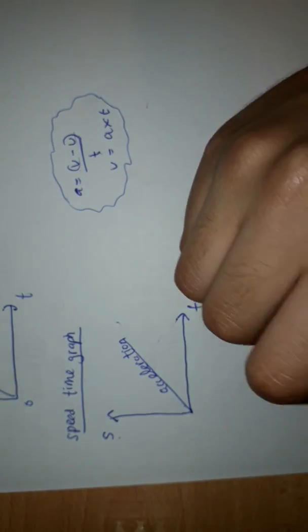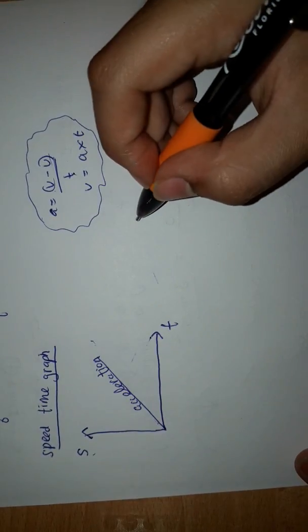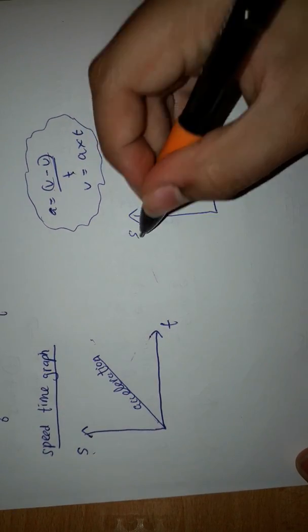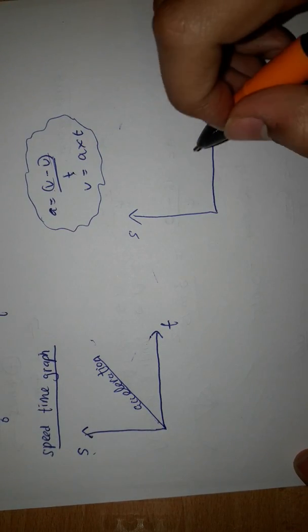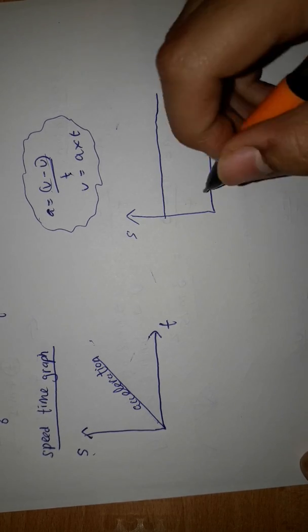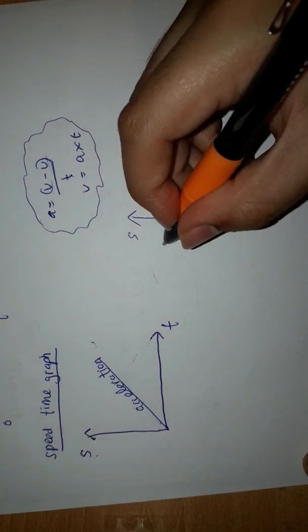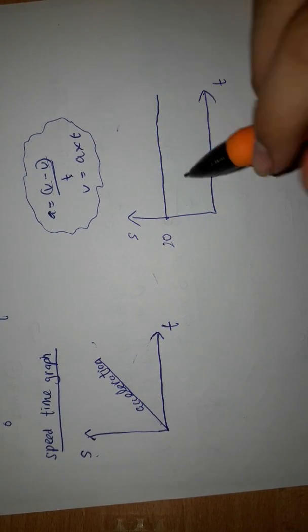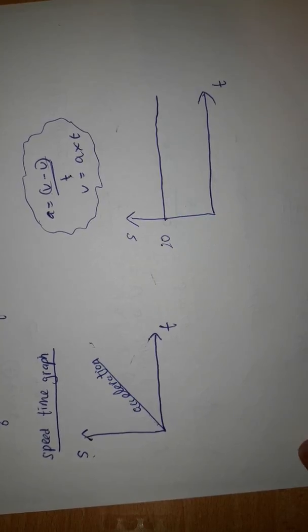Now, in a speed time graph, if you were to have a straight horizontal line, and let's say this is 20, it just means that the object is going to have a constant speed of 20.